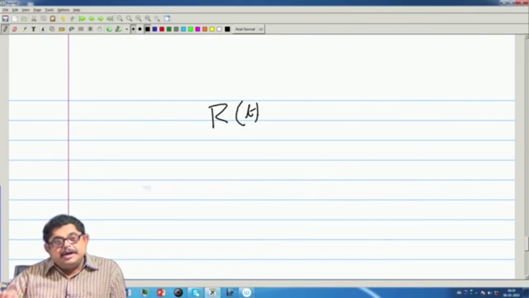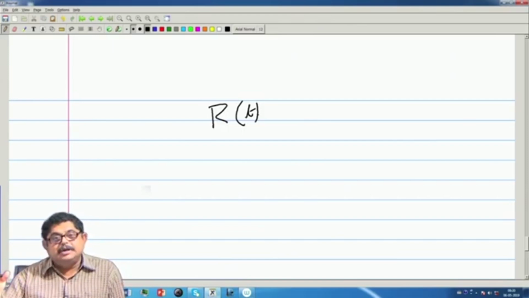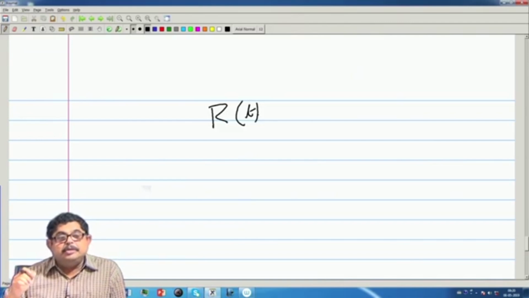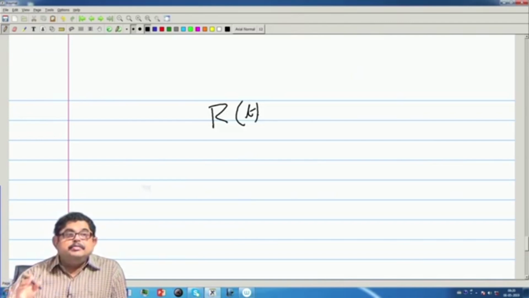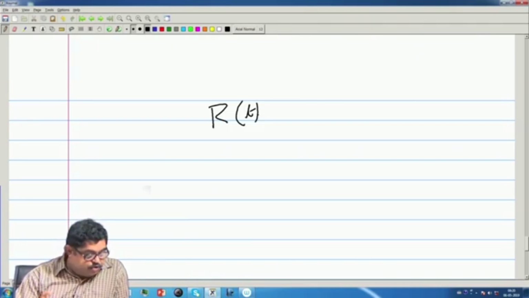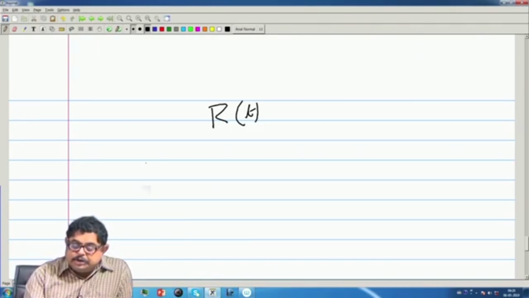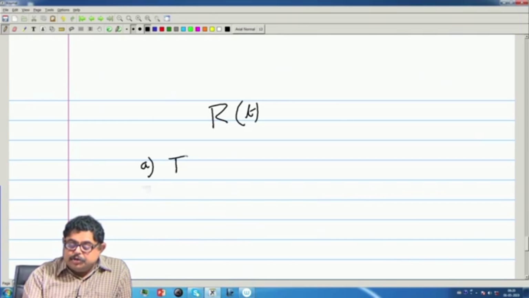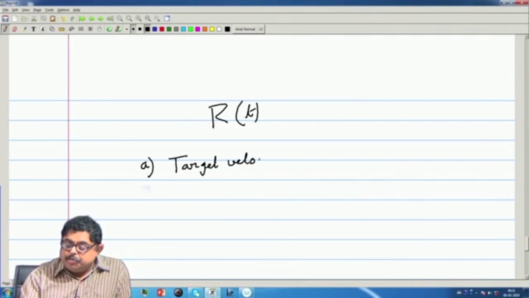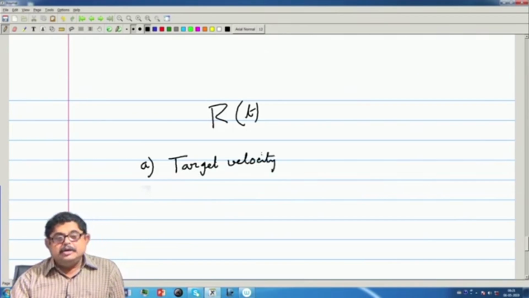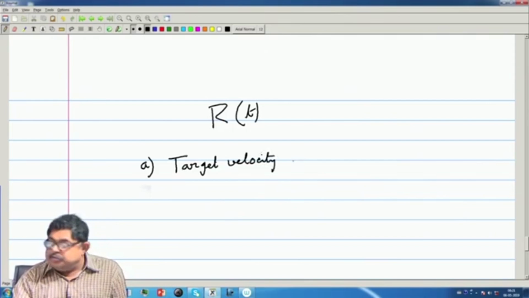So, from the range measurement, doing that range measurement with time continuously or with some discrete intervals, I can find the velocity of the target, but that is not done, because there are two reasons. One is that if I have a Doppler measurement, then target velocity is measured explicitly.